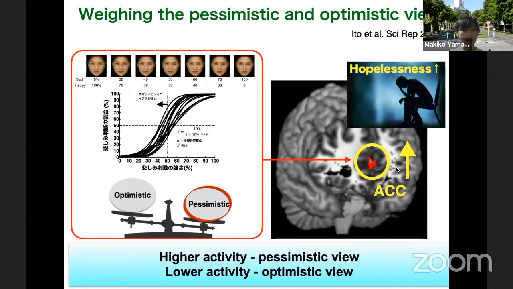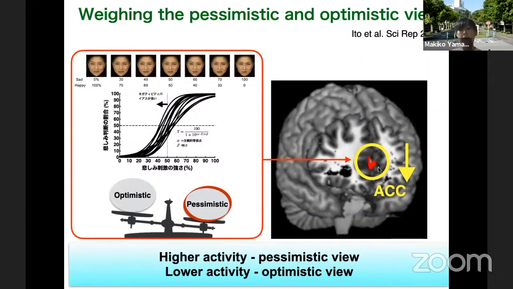High activation is associated with pessimistic perception, and lower activation is associated with optimistic perception. So if we can decrease this activity, we may be able to make subjects' perception go in an optimistic direction.